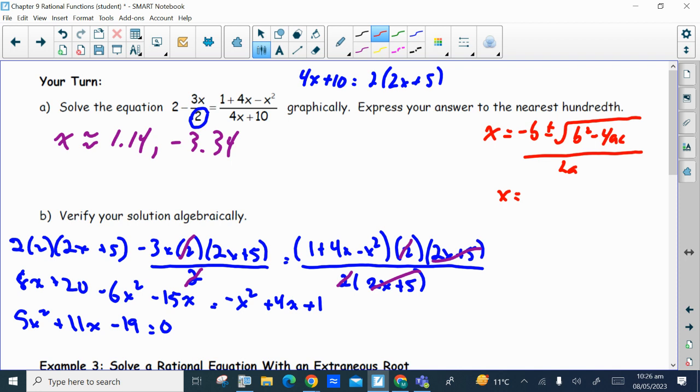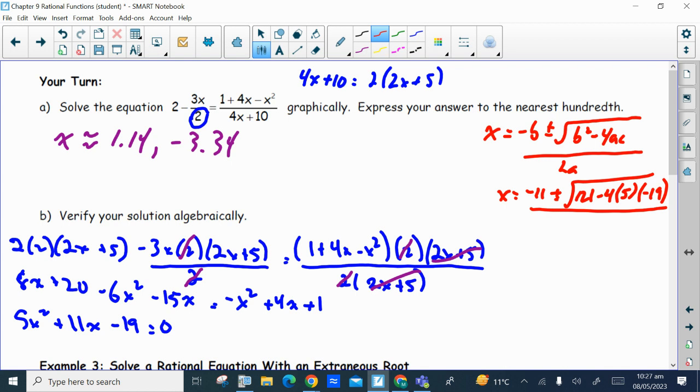So b is positive 11, so negative b will be -11, plus or minus the root of 11 squared is 121, minus 4 times a, which is 5, times c, which is -19.